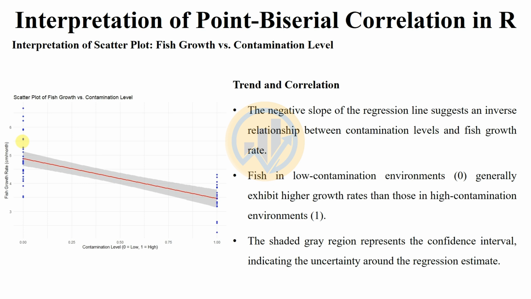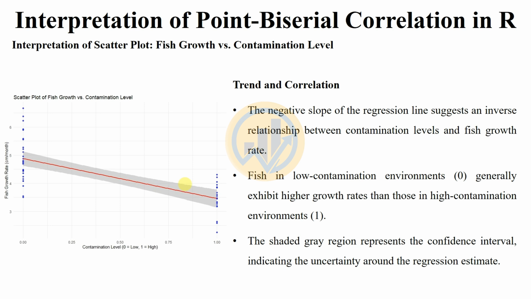The next one: scatter plot interpretation for fish growth versus contamination level. The contamination level, 0 for low and 1 for high, is on the x-axis, and the fish growth rate is on the y-axis. Trend and correlation: the negative slope of the regression line suggests an inverse relationship between contamination level and fish growth rate.